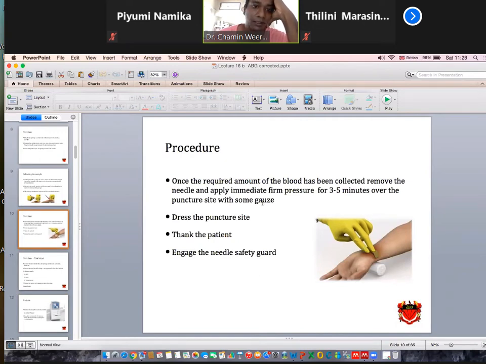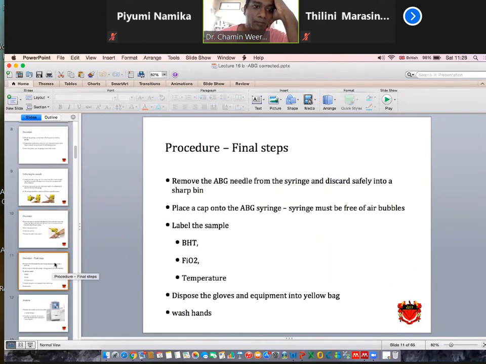Then you thank the patient and safely dispose the needle. Put the sample in an ice container and take it to the ICU. While processing the sample, you should make sure that there are no air bubbles.